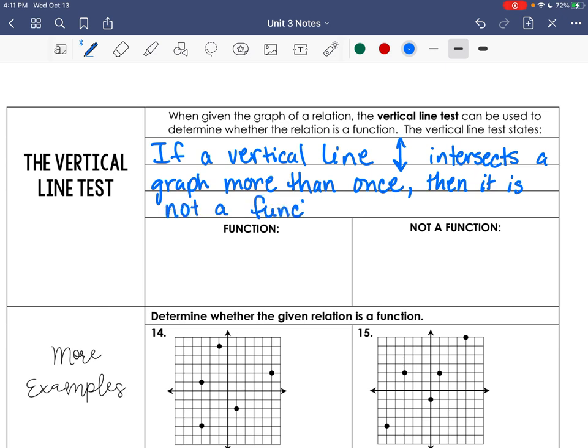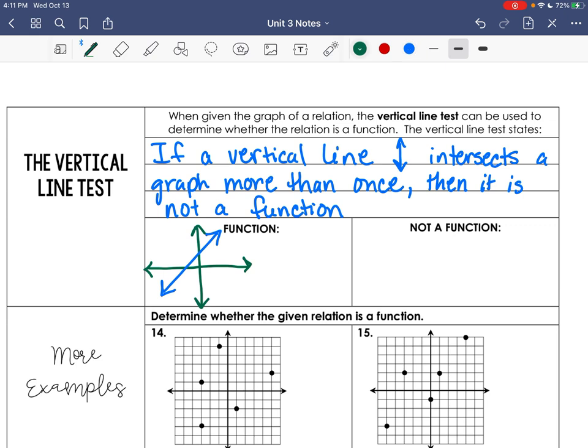All right, so let's do a couple of examples. Here's our y-axis, here's our x-axis, and then we're just going to put a random line on here. That is a function, because if you took a vertical line, see, it touched it one time. So it is a function.